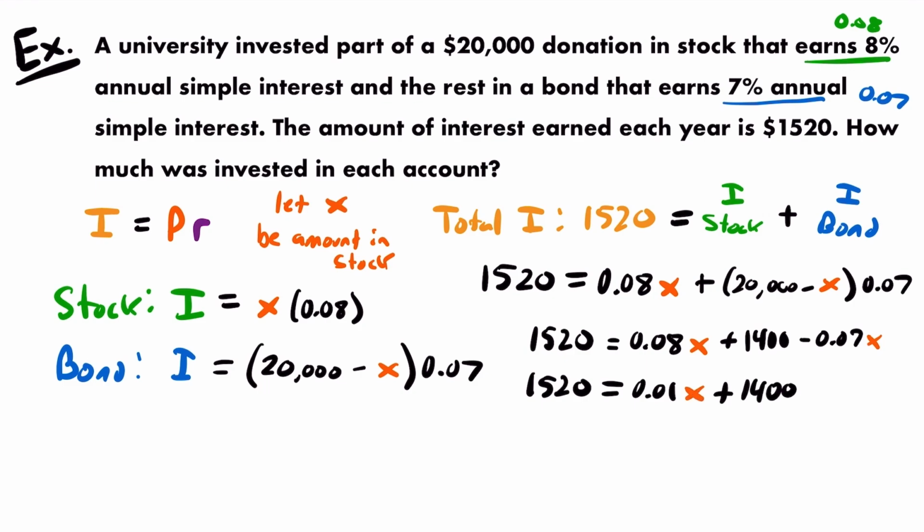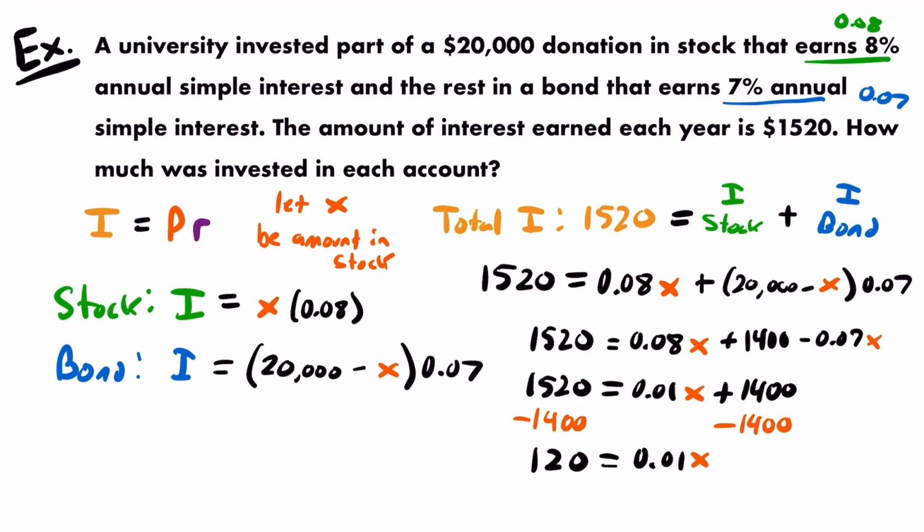And now our next step to isolating X, or solving for it, is to get rid of this constant term. So subtract 1400 from both sides of the equation. So let's do that here. I'll subtract 1400. On this side, that will leave us with 120, and that will be equal to 0.01 times x. All right, and then there's nothing there because 1400 minus itself is 0.